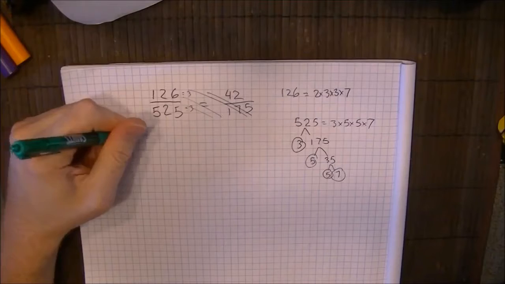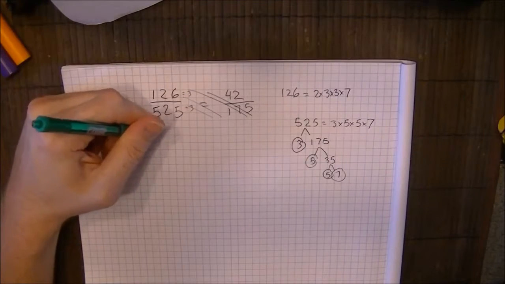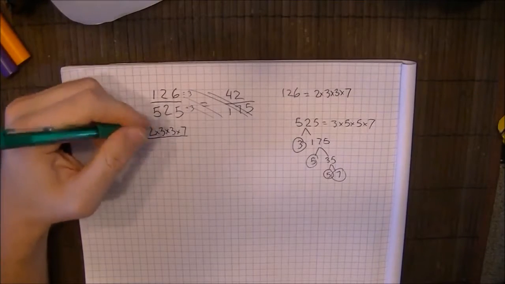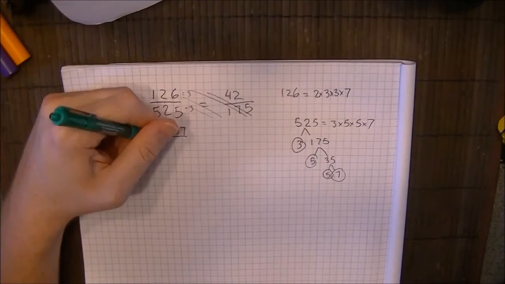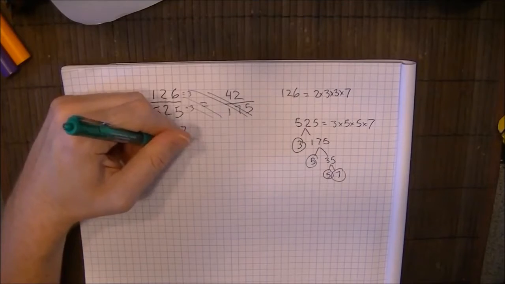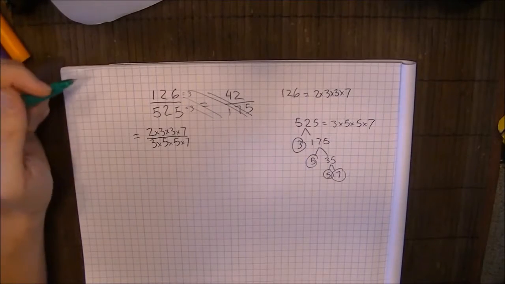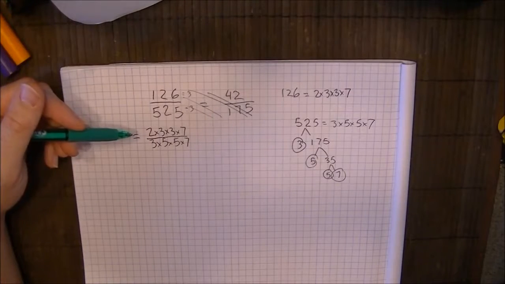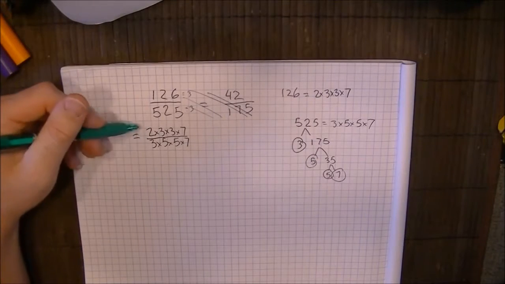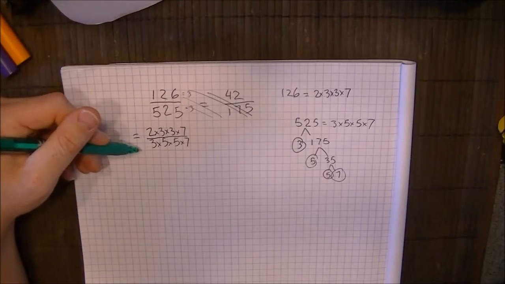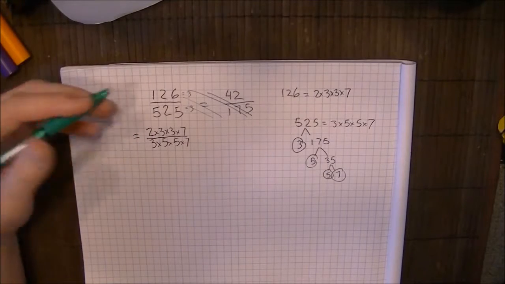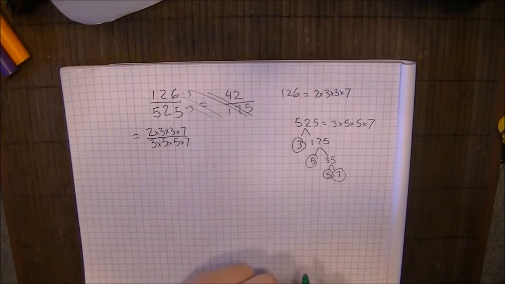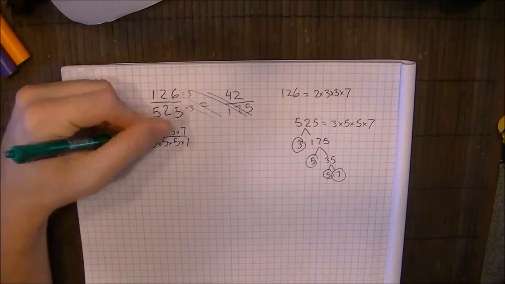So this fraction is 2 times 3 times 3 times 7 over 3 times 5 times 5 times 7. Now all we need to do is what's called cancellation. If there is a common factor in both the numerator and the denominator, it can be canceled. We can divide numerator and denominator by it.